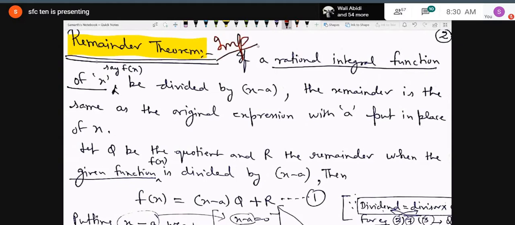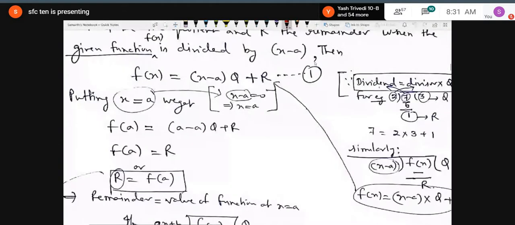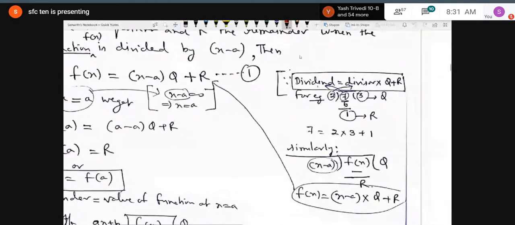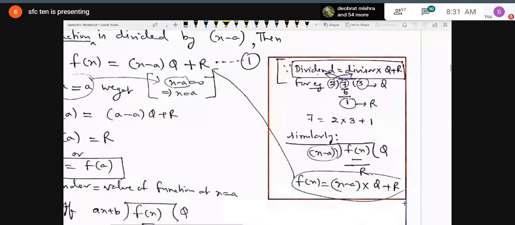Remainder theorem: if a rational integral function of x, say f(x), is divided by x minus a, you will get some quotient and some remainder. Like I have shown in the working over here.